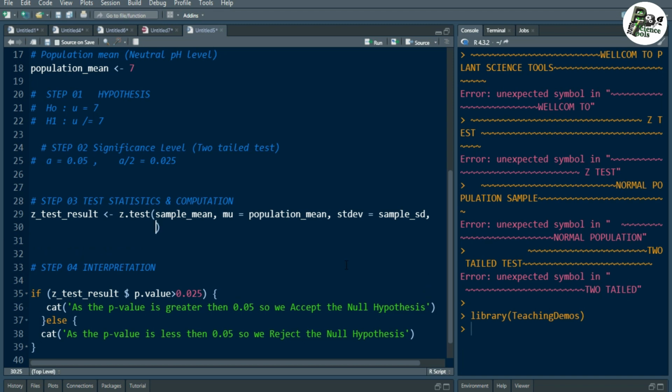After this, we should also describe our alternative. That is, we need to specify whether this is a two-tailed test or a one-tailed test.